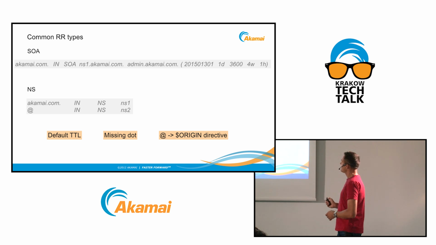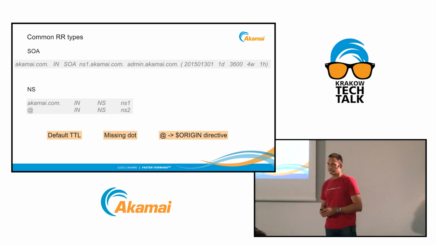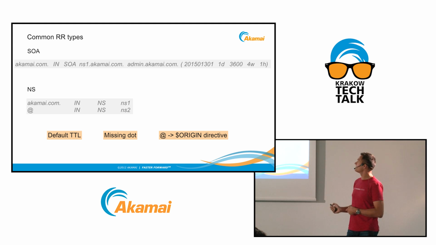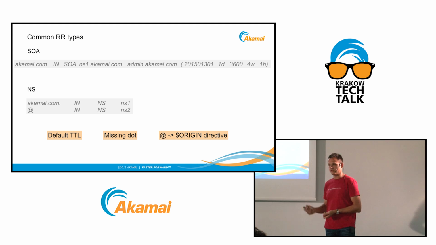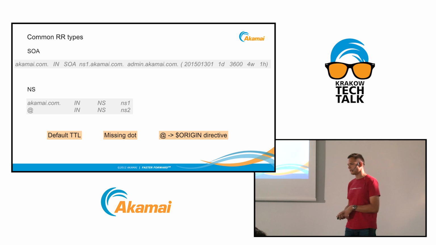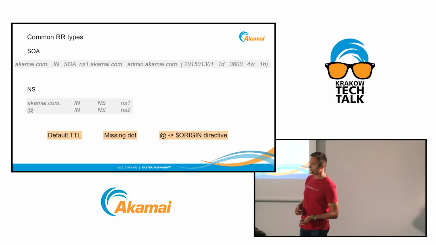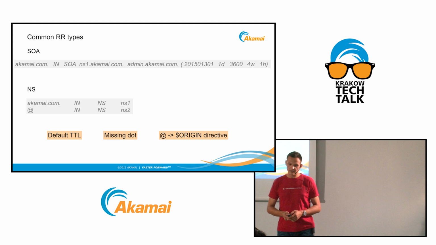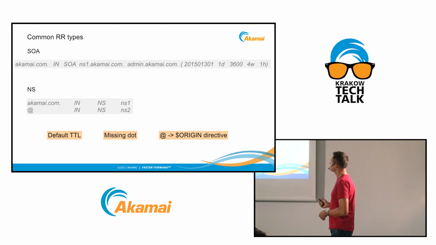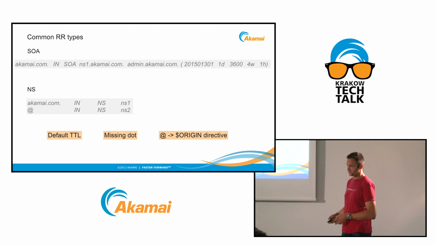Then you have a few values that say how often the secondary server should be asking for updates, how long negative records should be cached, and so on. Let's focus on the first one now, and I will introduce other entries later on if necessary.